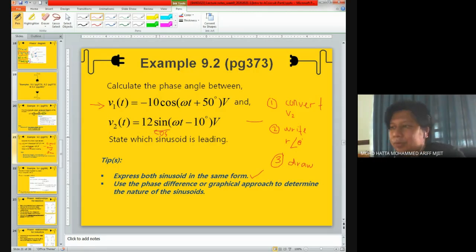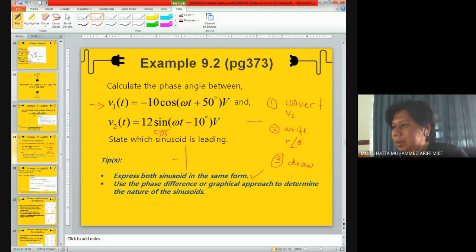After you convert, the equation might be slightly different from what you've seen here, maybe plus 90 degrees, like 12 cos omega t minus 10 plus 90 degrees. You need to write both V1 and V2 in polar form, and later on draw the phasor diagram or graphical representation of this complex number.